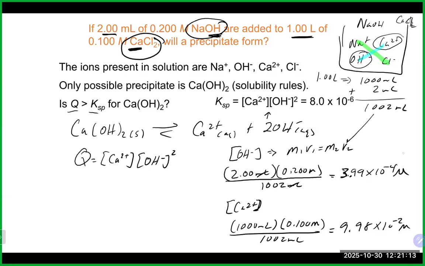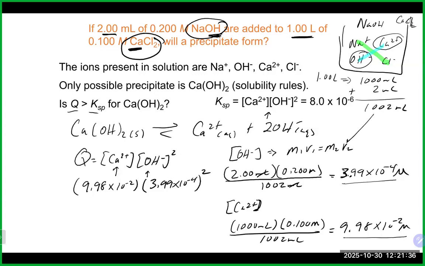So now that we have the actual concentrations of these ions that are floating around in that beaker, we could put it into our Q expression and see what's going to happen. So if we take our calcium, which was the 9.98 number, times our hydroxide, which is 3.99 times 10 to the minus 4.